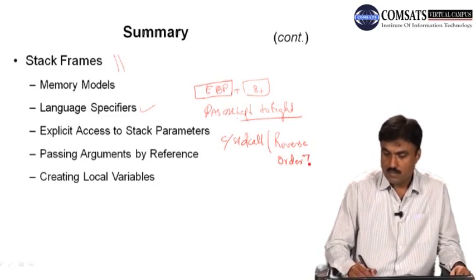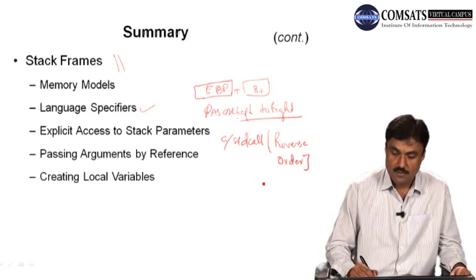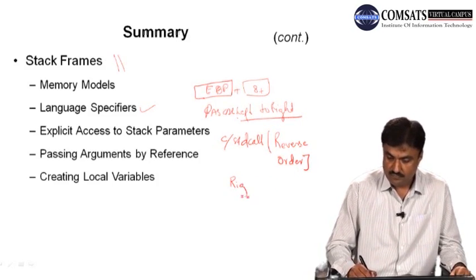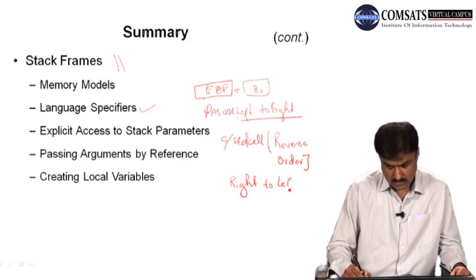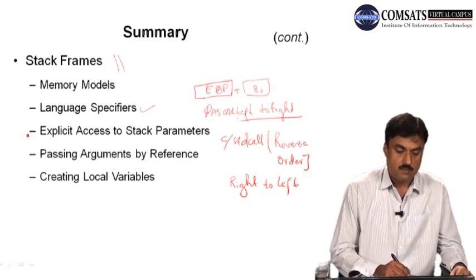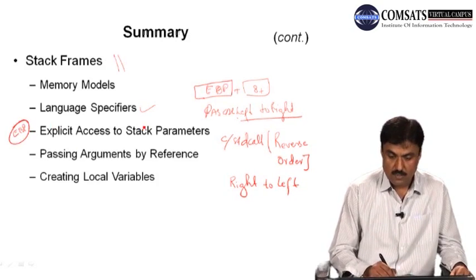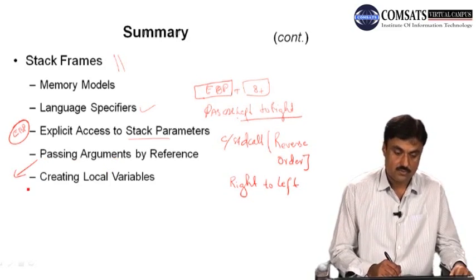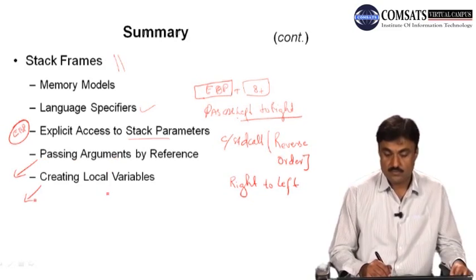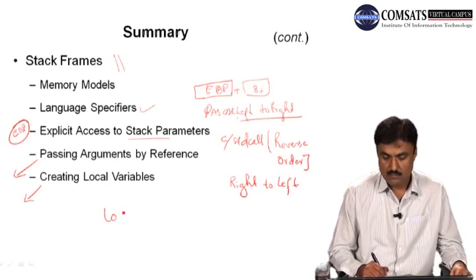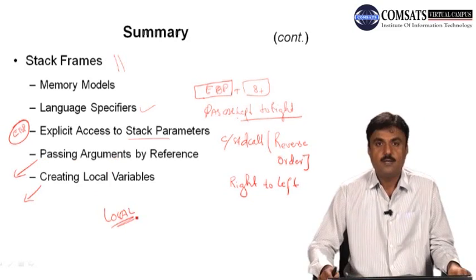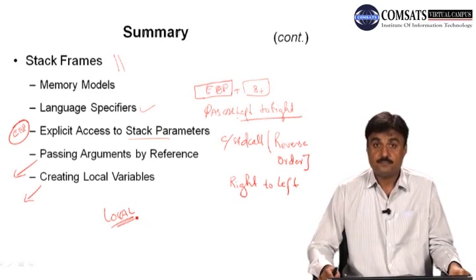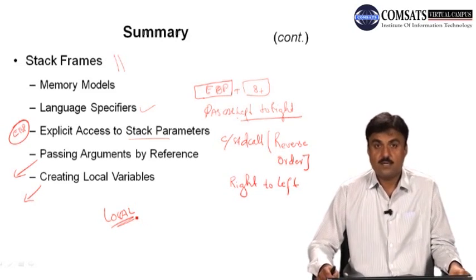In this reverse order, parameters are accessed from right to left, and so on. And how you can use EBP to explicitly access the stack parameters, and passing arguments by reference, and so on. And you can create labels without using the local directive. So this is the end of this lecture, and I hope to see you in the next lecture.